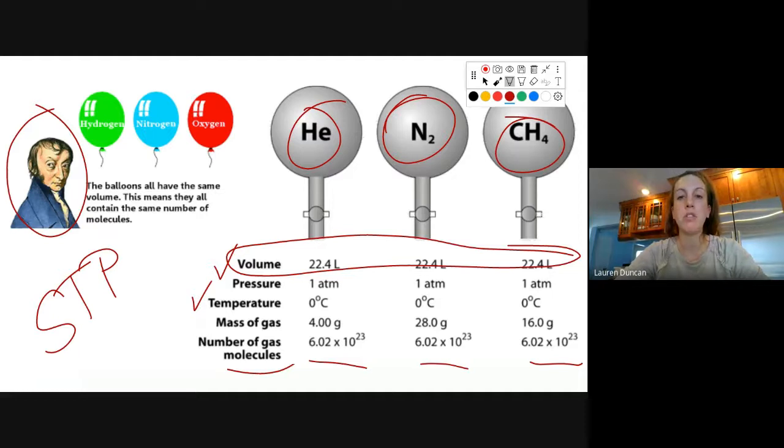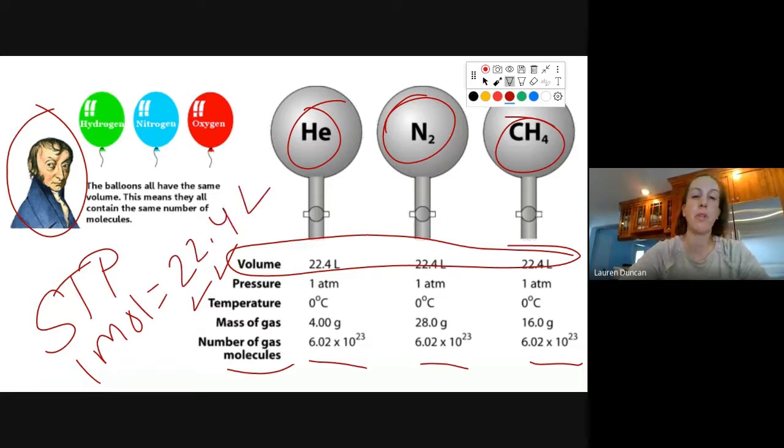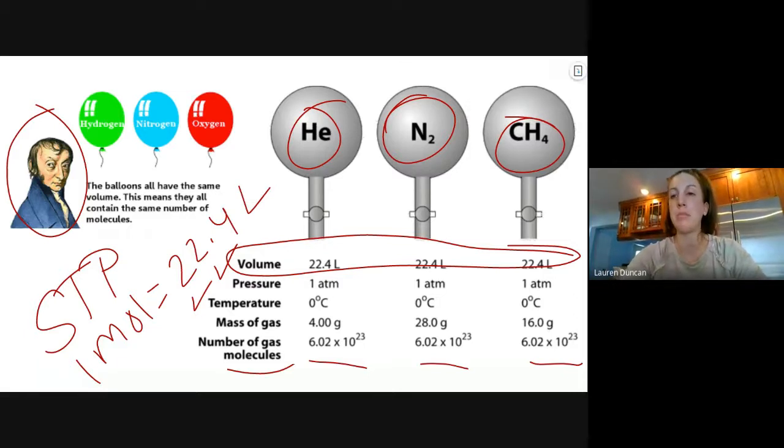So basically that's where the overall relationship we're about to discuss comes from: 1 mole of gas particles at STP occupies 22.4 liters of volume.